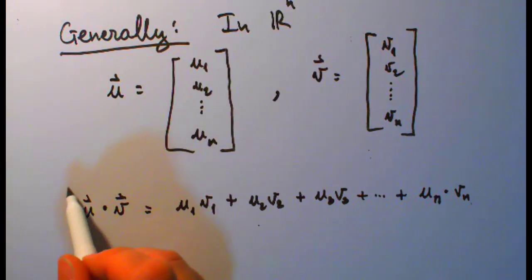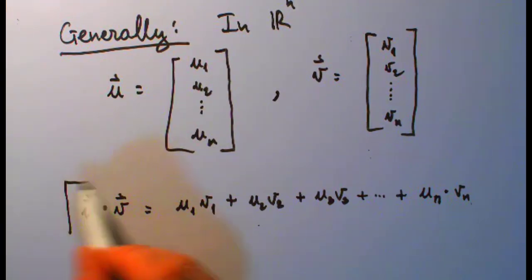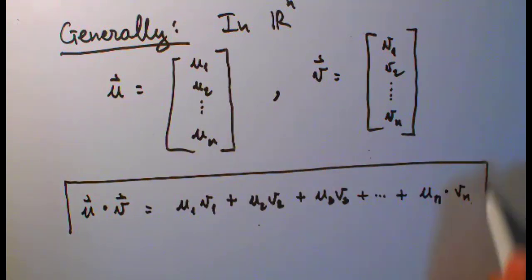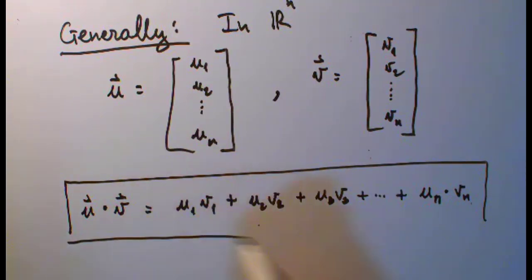And this is the definition for a dot product of two vectors in Rn.